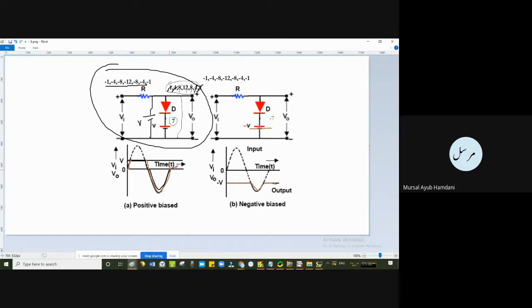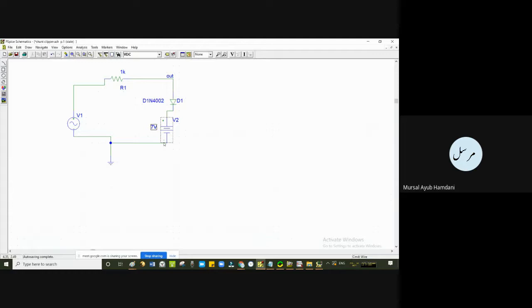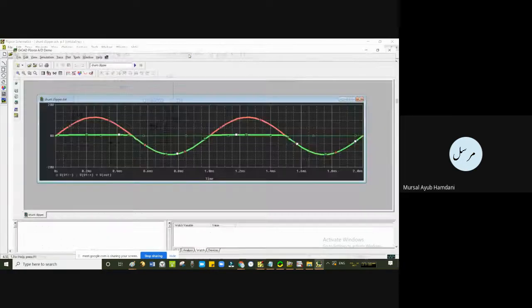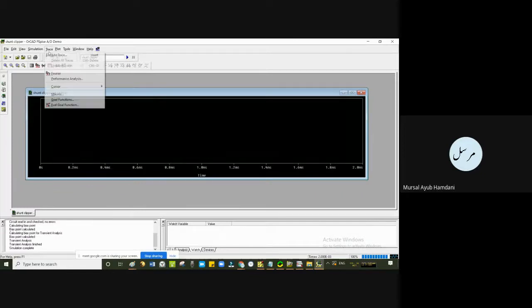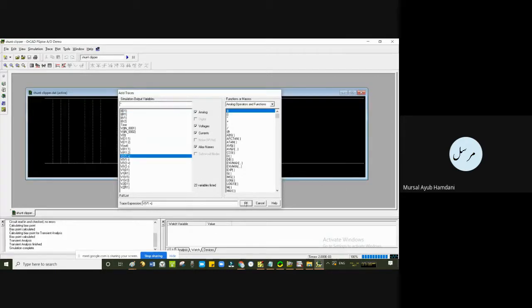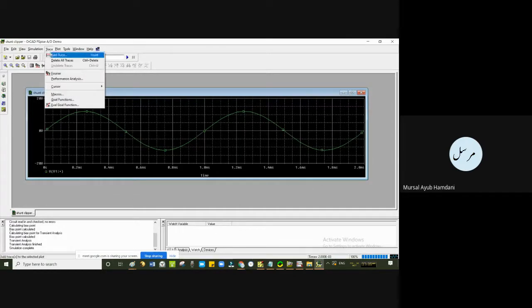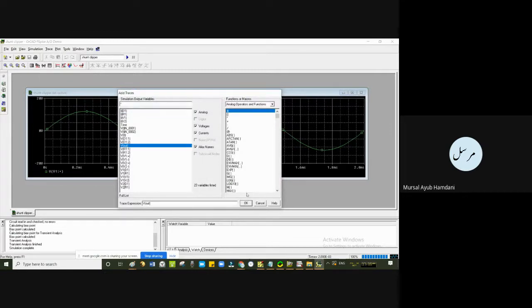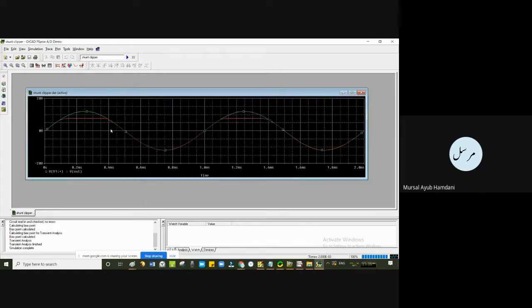Okay, let us then check it in the simulation. Yeah, so let us simulate it. Trace V1 plus. Okay, trace V out. Okay then, so accordingly we have this coming up.